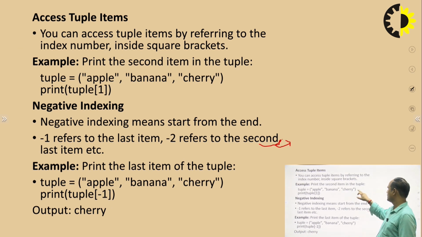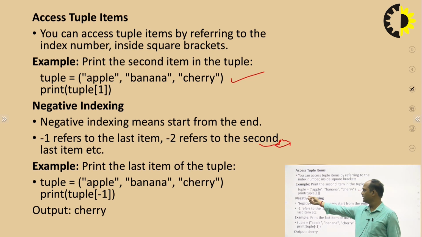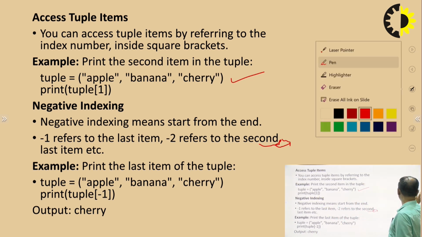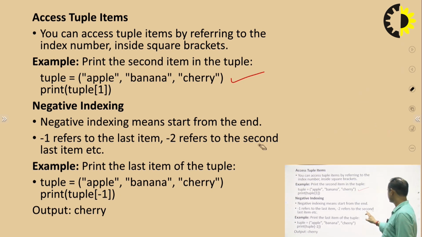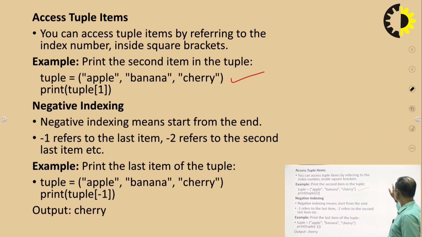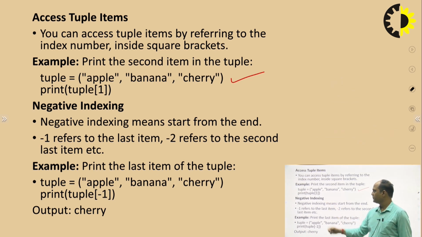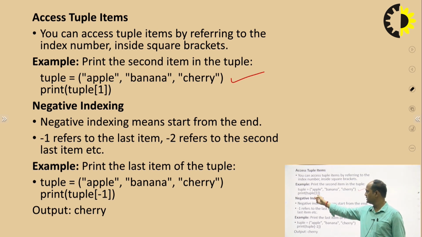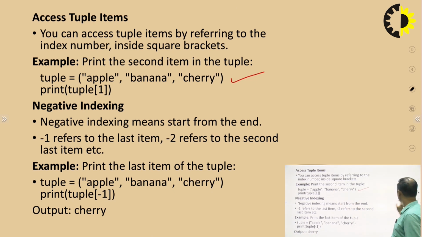This is an example of a single tuple, and we can also print tuple 1. So we can print this statement, then print tuple 1 means we can print the value of banana.